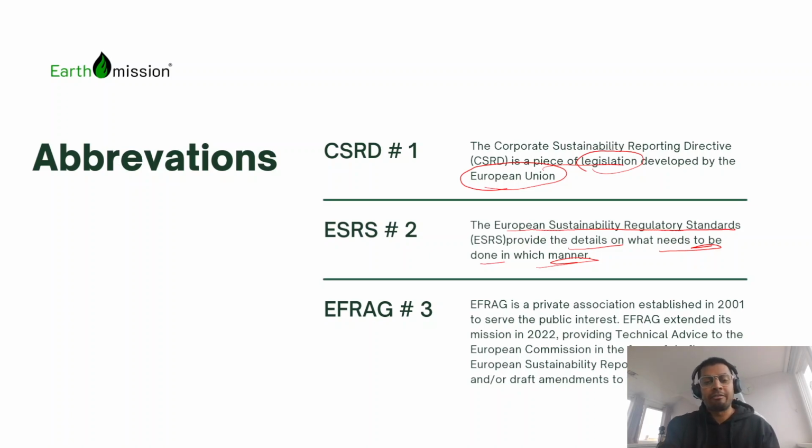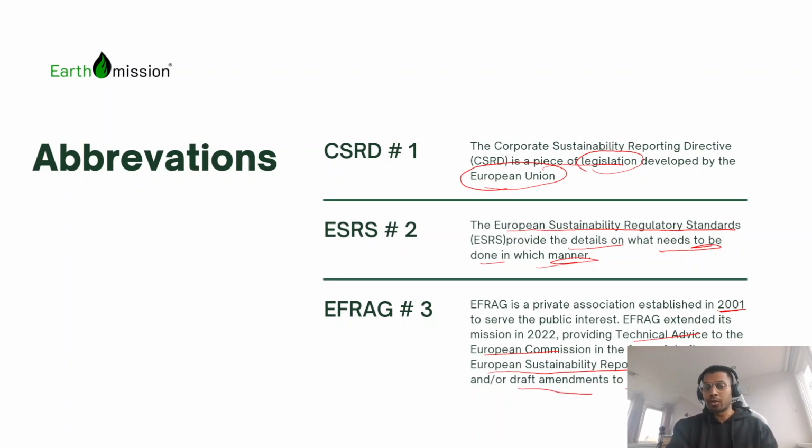And the third one is EFRAG. EFRAG is a private association which was established in 2001, mainly to serve public interest, and they extended their mission in 2022, providing technical advice to the European Commission in the form of draft ESRS. So the ESRS draft version was prepared by the EFRAG team, who provided the advice to the European Commission, and they're also responsible for drafting amendments to these standards.